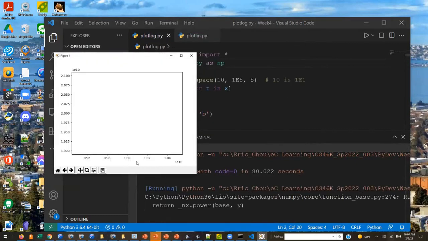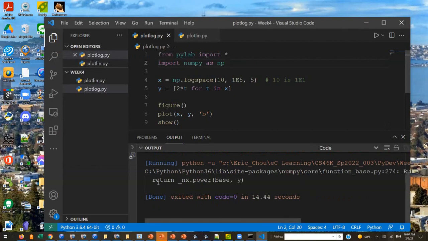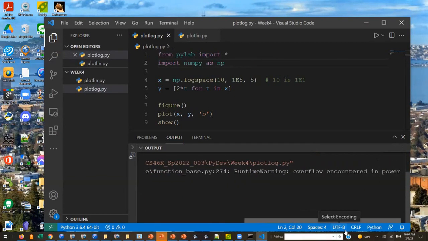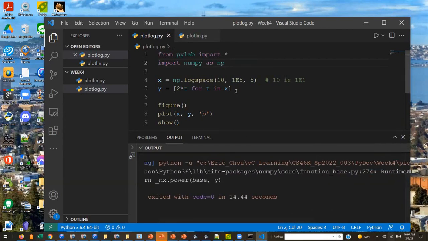So you see it is 1e to the power 10, right? Here in the plot we don't see the data. The power base: overflow encountered in power.